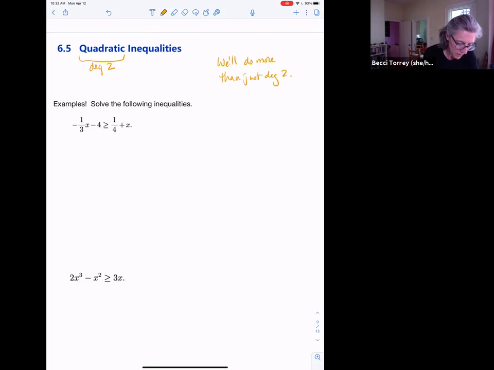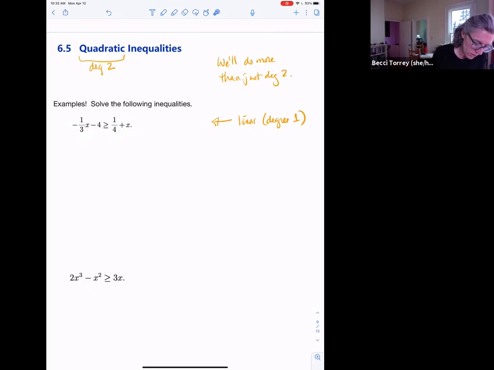We're going to get more complicated. In fact, this first one is linear. It's not degree 2. It's just degree 1, linear, right? Because there's no x squared in here. And even though it looks nasty because there are fractions, they're just numerical fractions, which are not nearly as nasty as the ones where you have an x in the denominator.